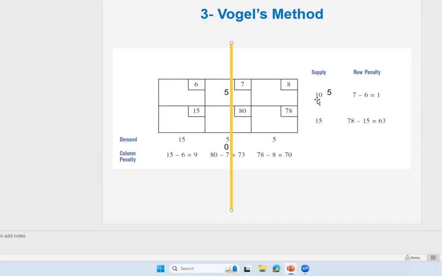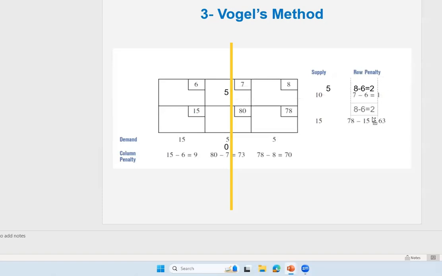What is the penalty now? This is the second try. The penalty is second lowest minus the lowest, 8 minus 6, equals 2.